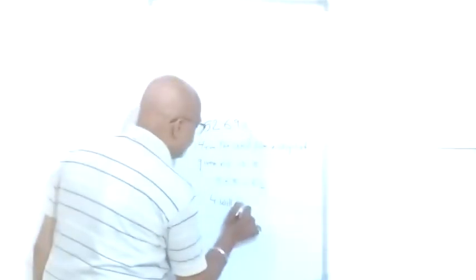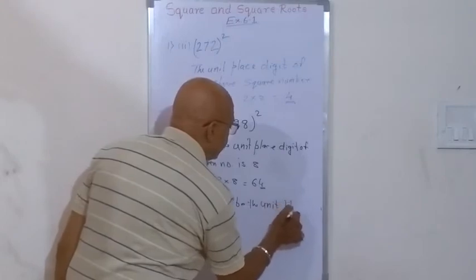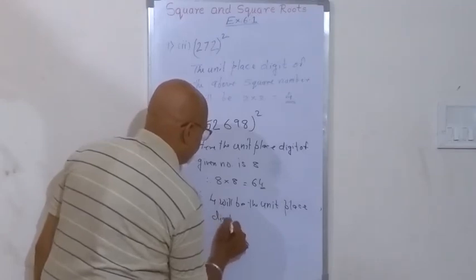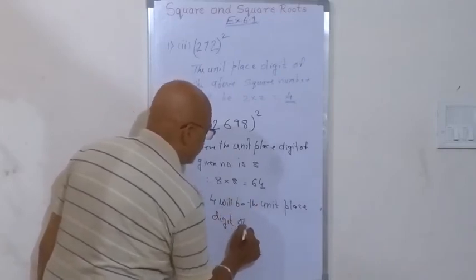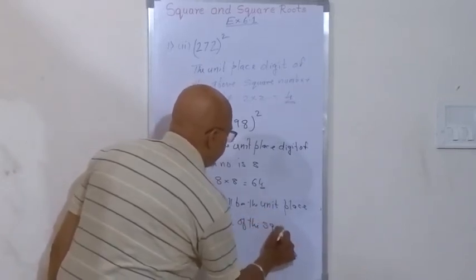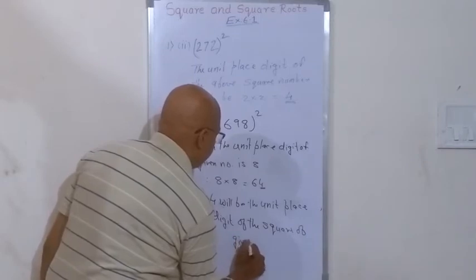Now see here, 4 is the unit place digit here. So therefore 4 will be the unit place digit of the square of given number.